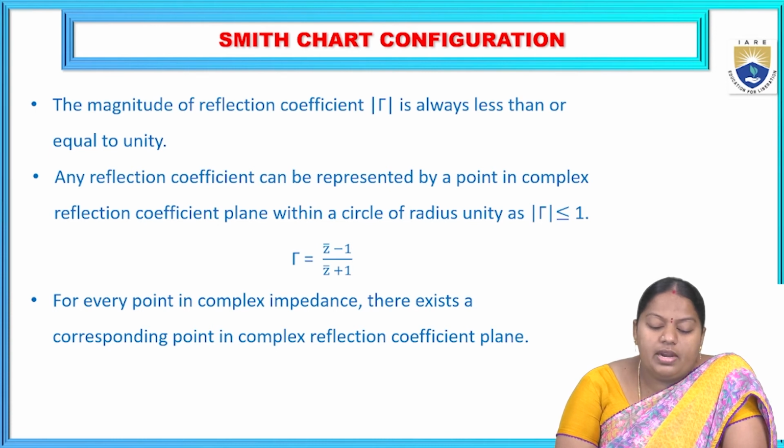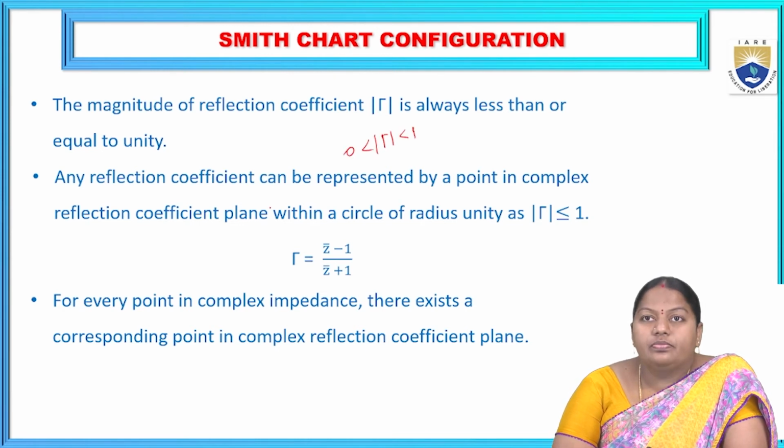There we analyzed that the modulus of gamma is always less than or equal to unity, means gamma ranges from 0 to 1 only, right? And any reflection coefficient can be represented by a point in the complex reflection coefficient plane within a circle of unit radius, that is, modulus of gamma is less than or equal to 1.